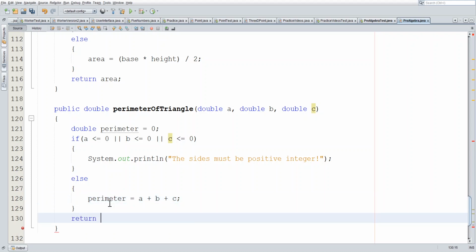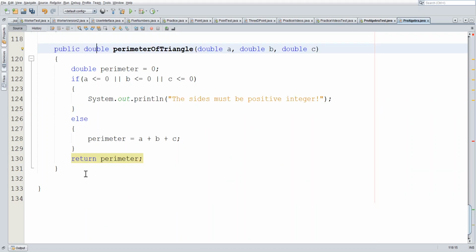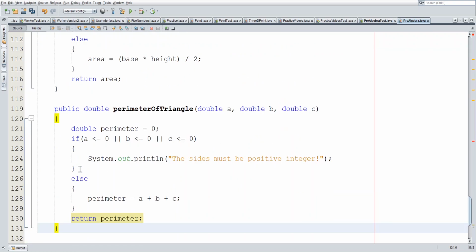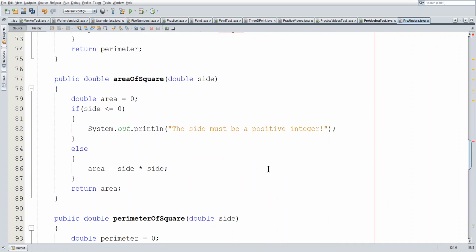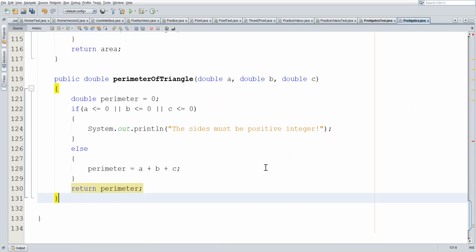And then the last thing we need to do is return the perimeter, because we promised our method it was a type double, so it will not let us get past that. So if I went a little fast on some of these, by all means, please pause the video and go ahead and write your methods in.